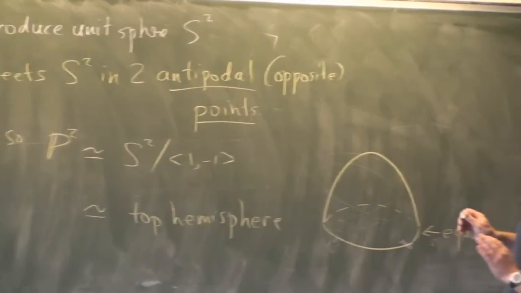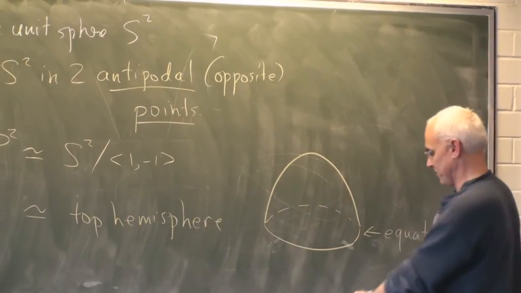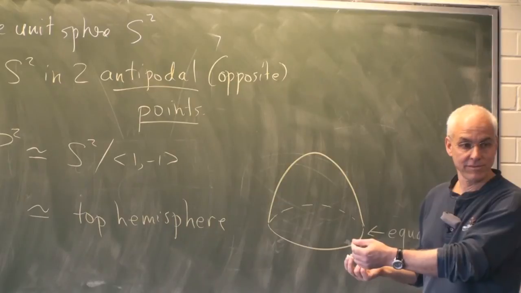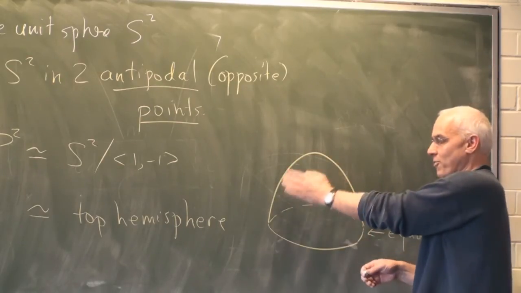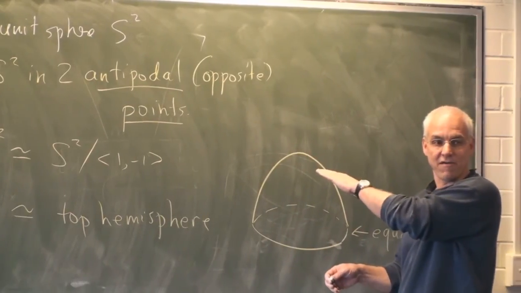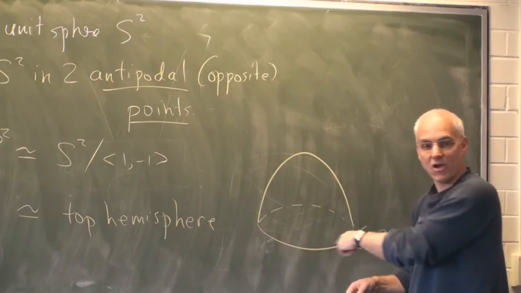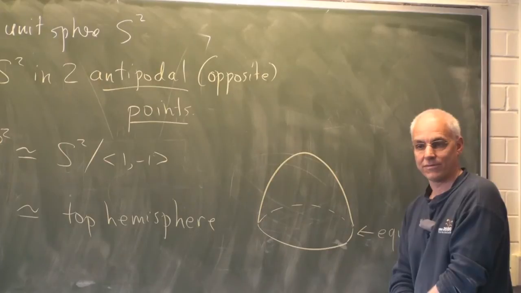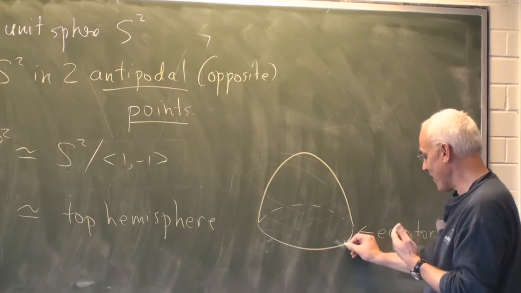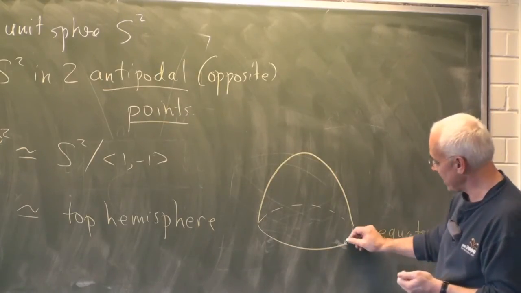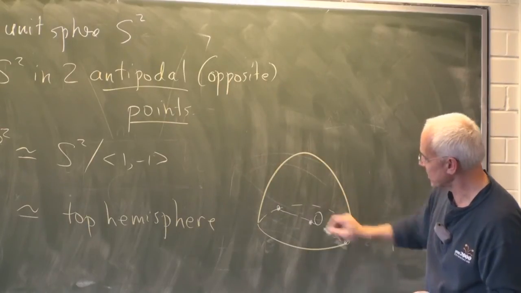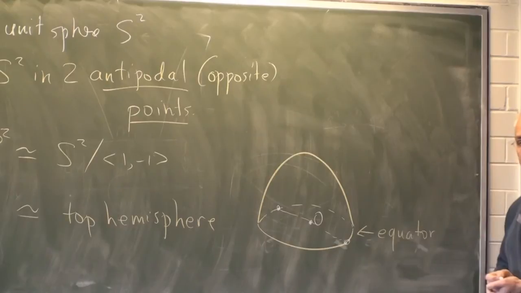What do we have to do to make this into the projective plane? We still have to identify opposite points. Now we've taken care of all the points which are strictly above, but we haven't taken care of the opposite points on the equator itself. We still have to identify this point with its negative, which is also horizontal, going through the origin, which is down here in the center of the sphere. Right?